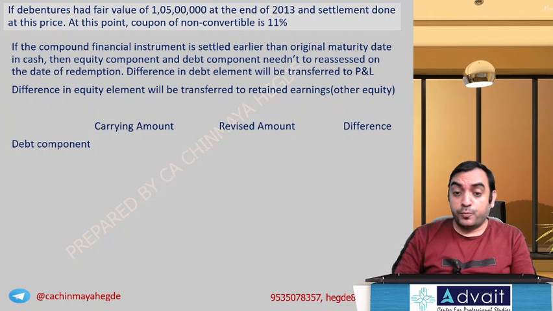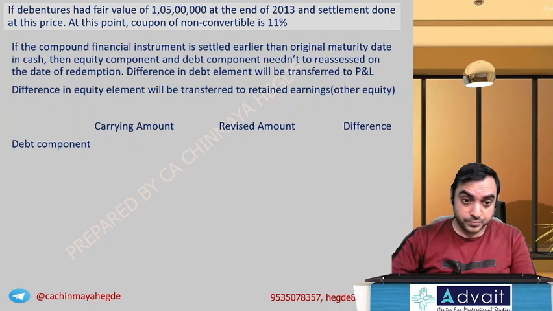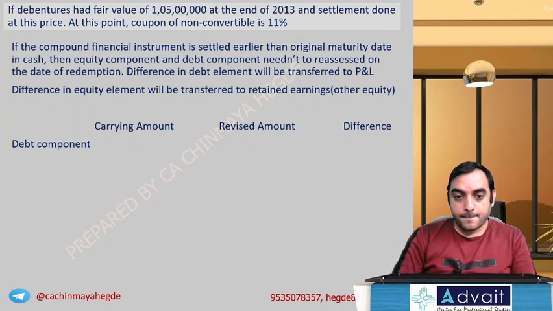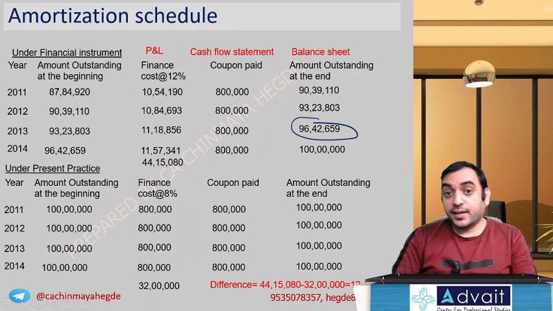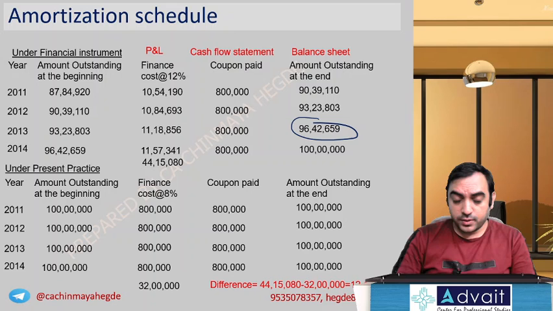In the original schedule we prepared, at the end of 2013, this is the amount, right? 9642 659. Remember this number, 9642 659.